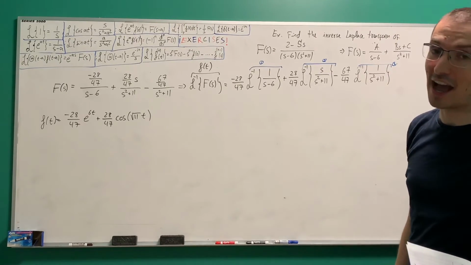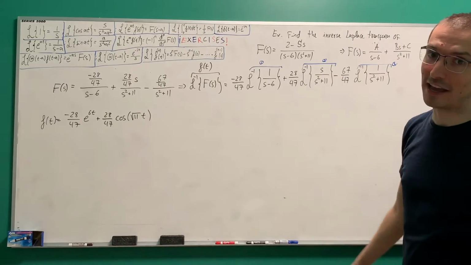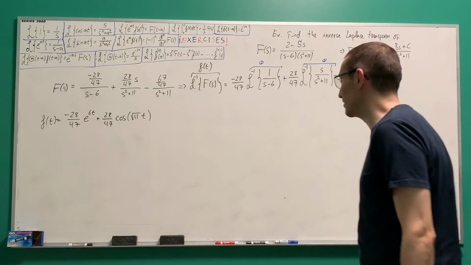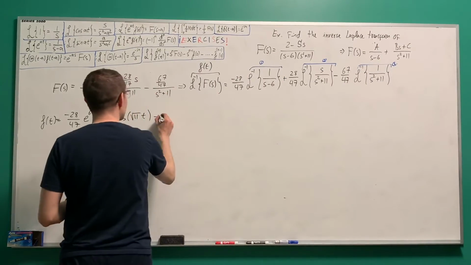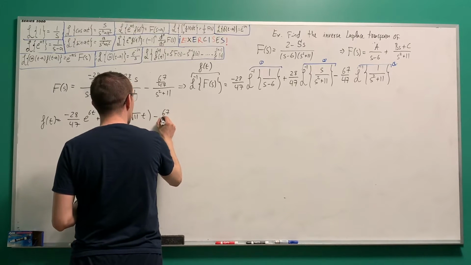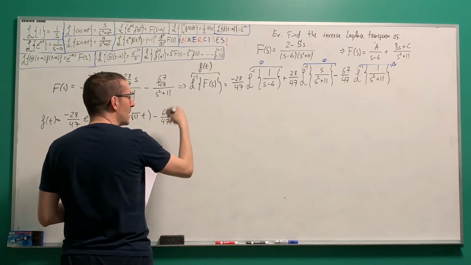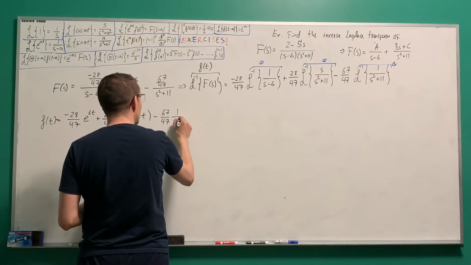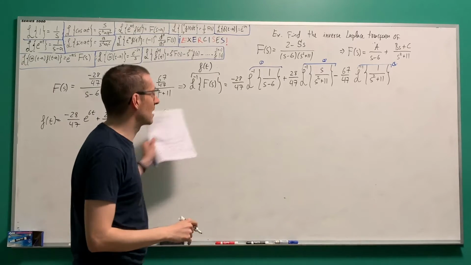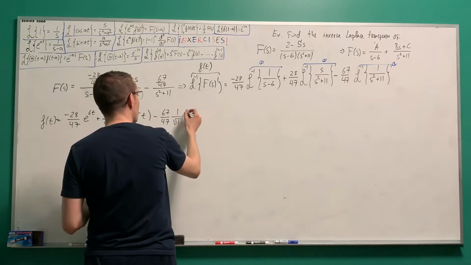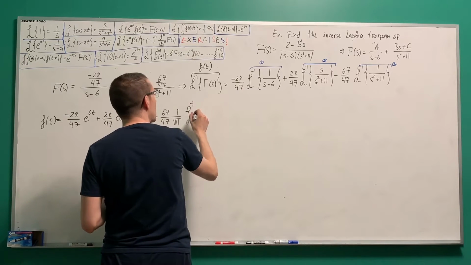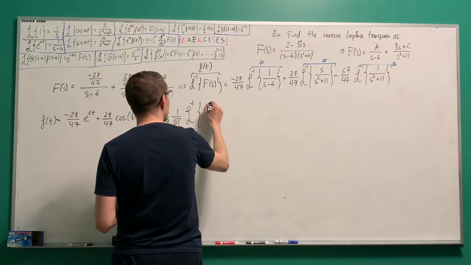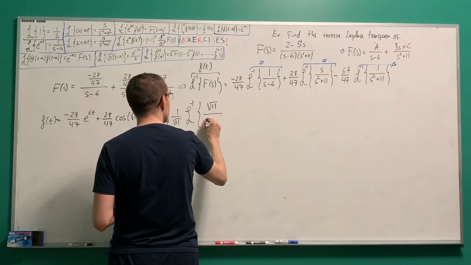But I can put it in. How? Well, by dividing and multiplying by square root of 11. So what I'm going to do is minus 67 divided by 47. Then I divide by square root of 11 outside, because that can come in and out of the inverse Laplace transform because of linearity. And then I multiply by the square root of 11 inside.